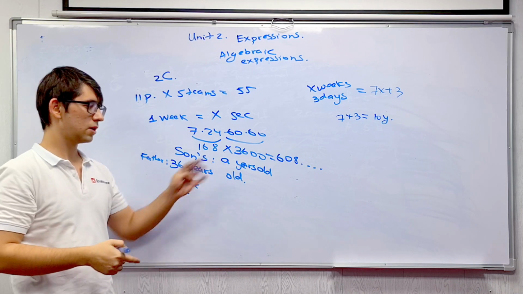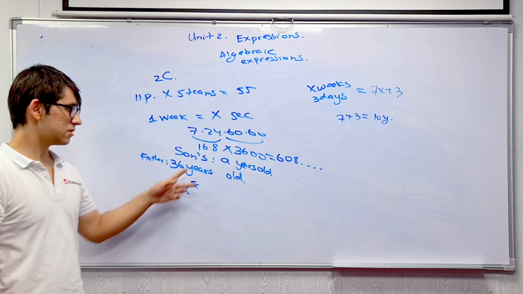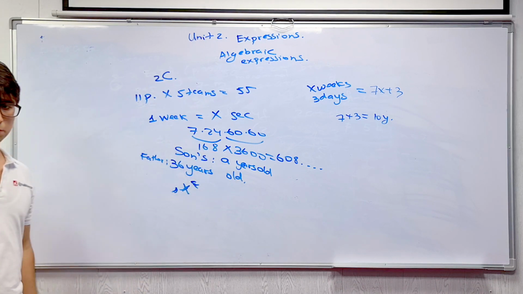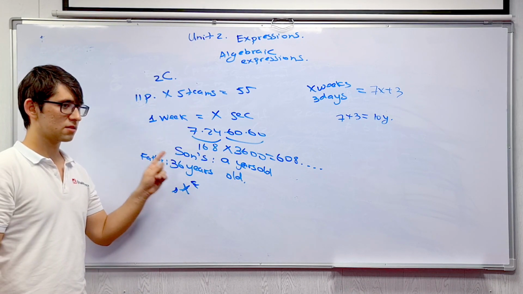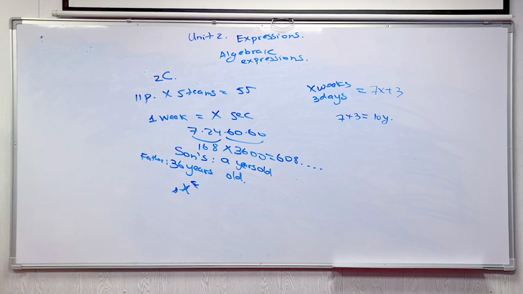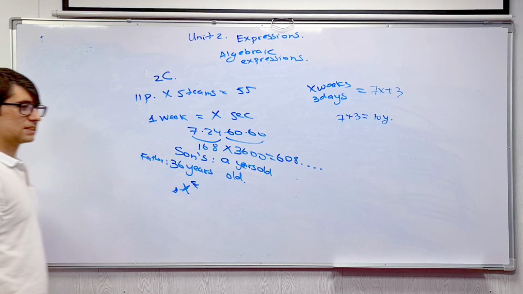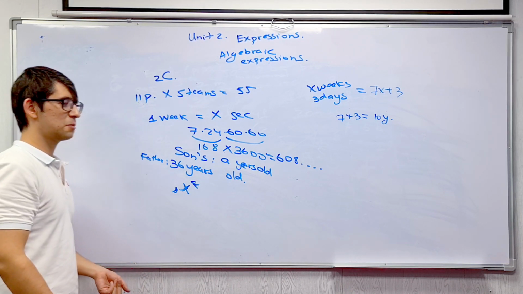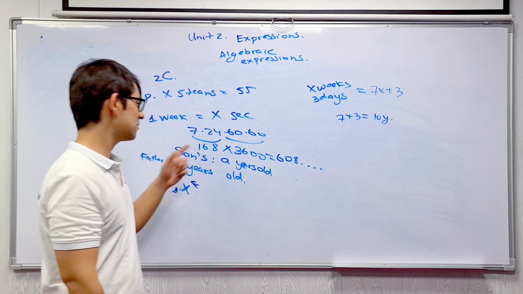After how many years will the father be 3 times as old as his son? Of course, the son can't be 3 times the father's age. You don't know the son's age, for example.